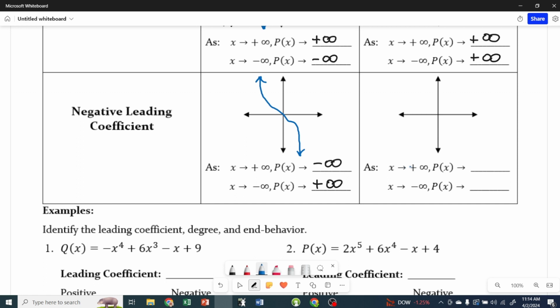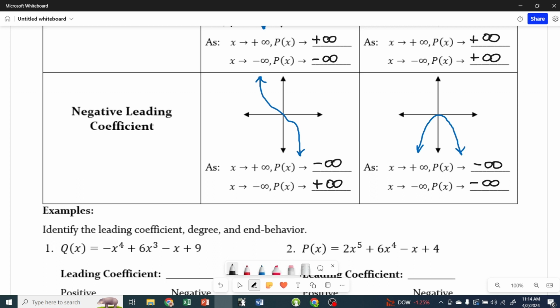With an even degree, we're going to be in this type of situation like this. So negative coefficient, even degree. As we approach positive infinity, the graph is going down to negative infinity. And as I approach negative infinity, again, this is going to be approaching negative infinity. So the lead coefficient tells us whether it opens up or down.